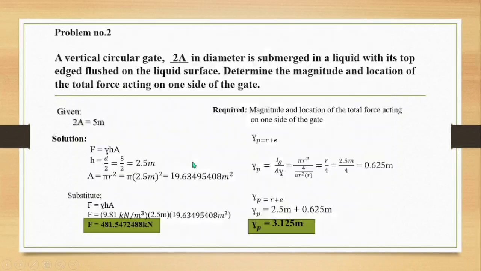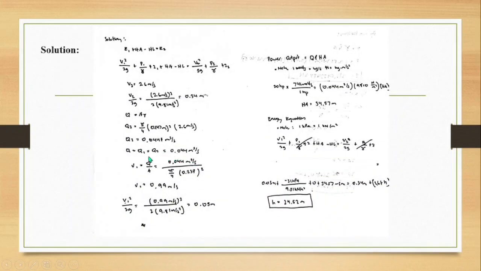So Q1 equals Q2, so our Q2 is 0.044 meter cube per second.